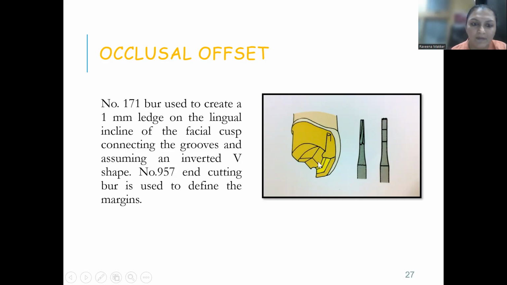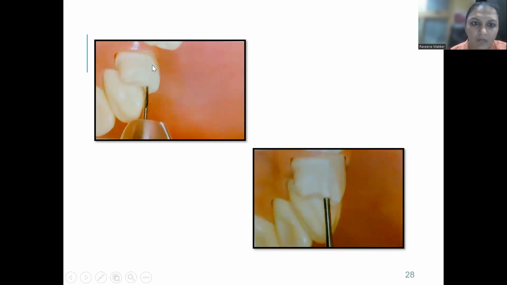Now, a number 957 end cutting burr is used to define the margins. This is the end cutting burr, and this one is the number 171 burr, which is used to create this offset. You can appreciate in this picture that a ledge is produced which is connecting the proximal grooves on either side. Now this is finished using the end cutting burr to make it more conspicuous.